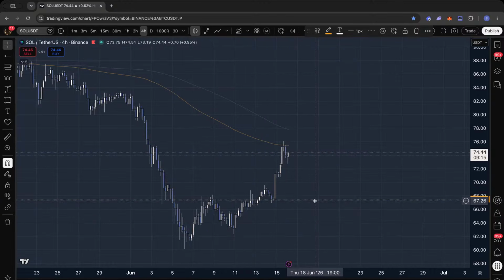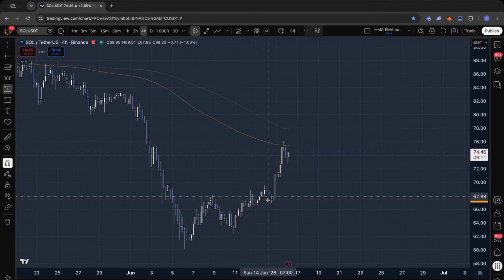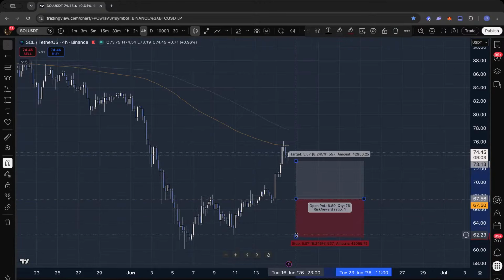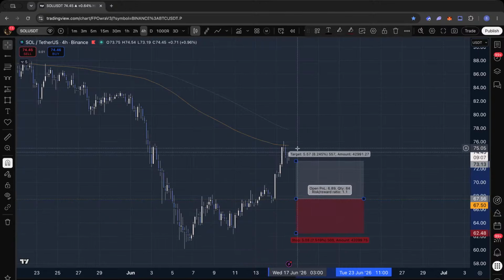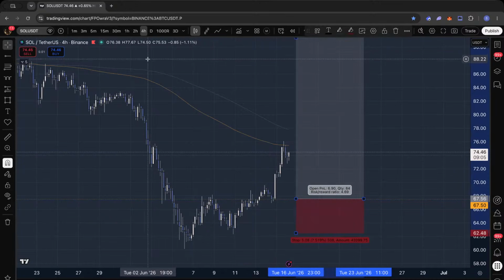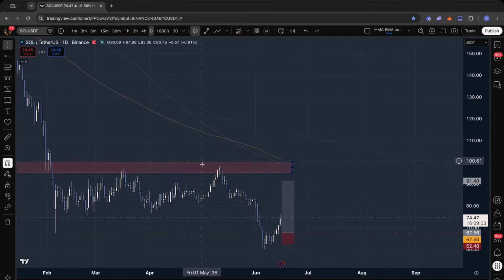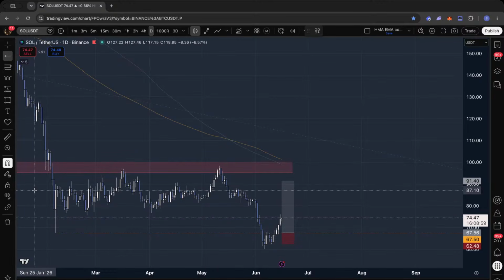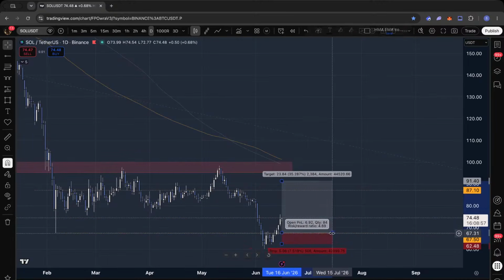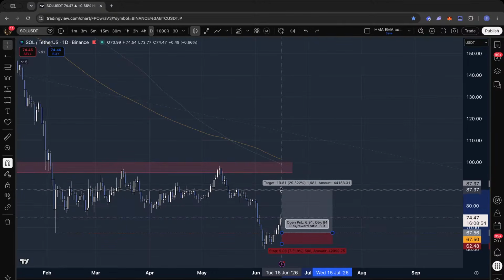And if I get a retest of 67.5, then most likely I will try some longs around here. Then I'll zoom out and see maybe the mid-range target. Actually 87, this area here. So I do think that we can play something like that on Solana.